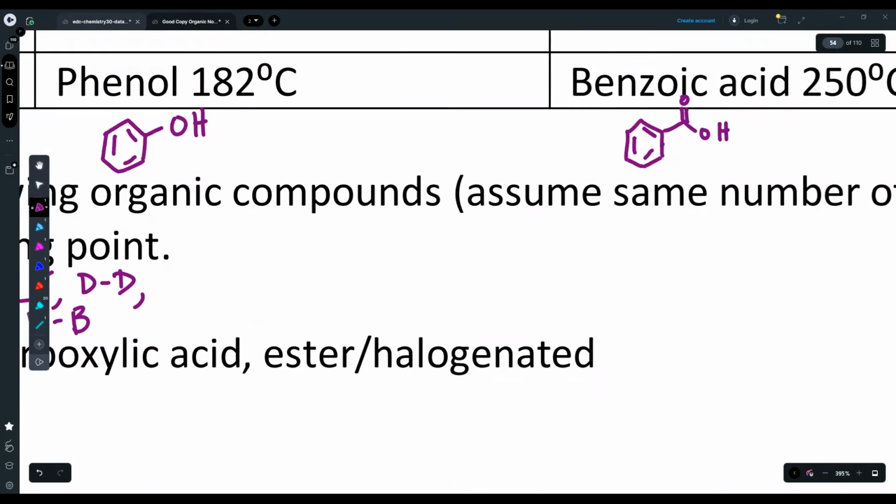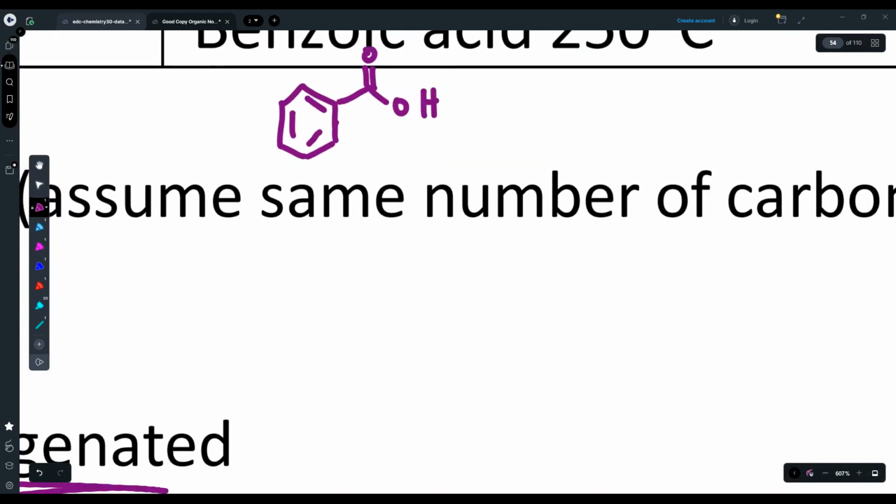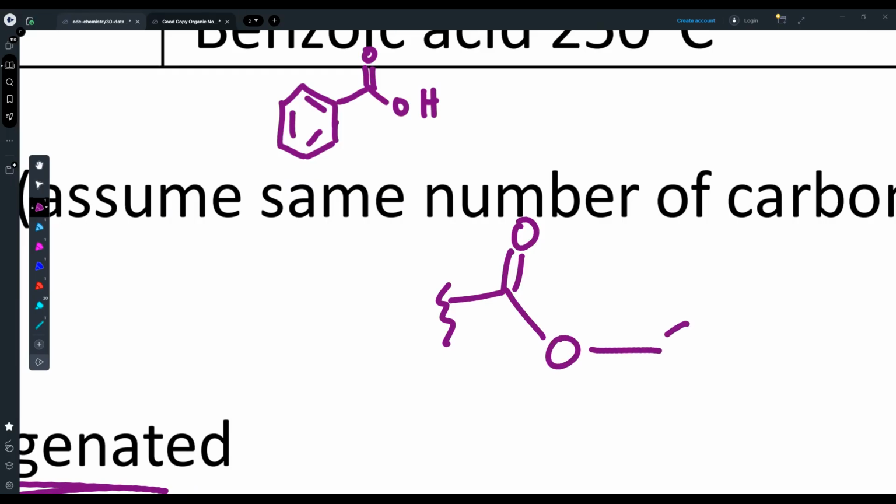Okay, and then with esters or halogenated hydrocarbons, so this would be your organic halides or alkyl halides, which all mean the same thing. For these, the ester functional group is you have some sort of chain of carbon, and then you have another chain of carbons.